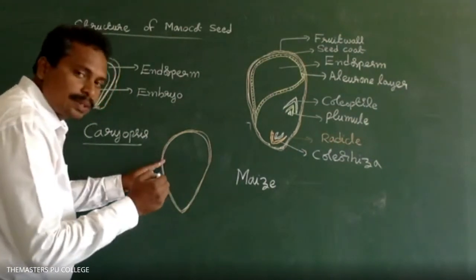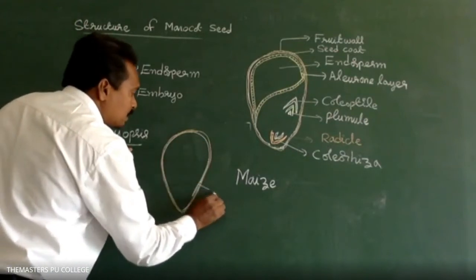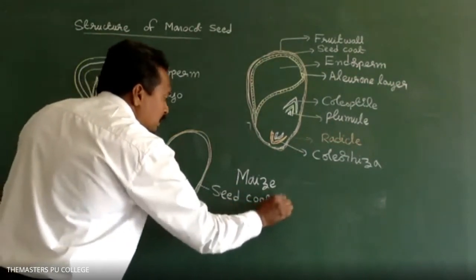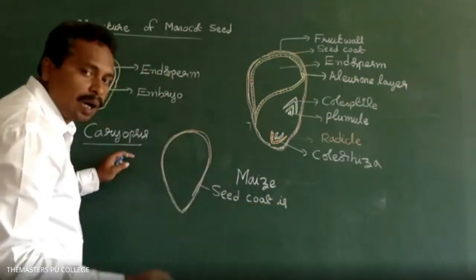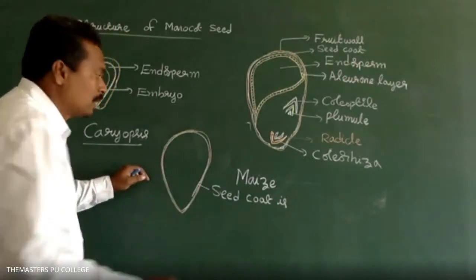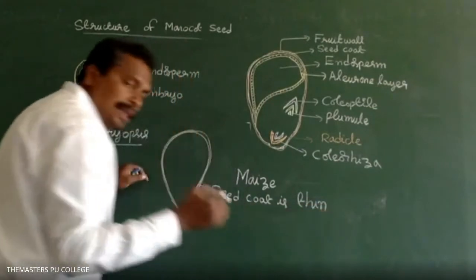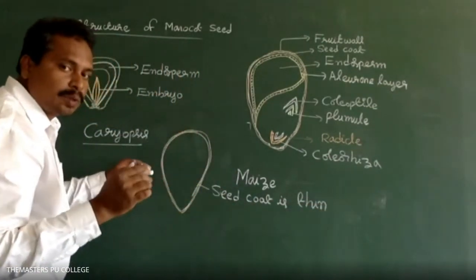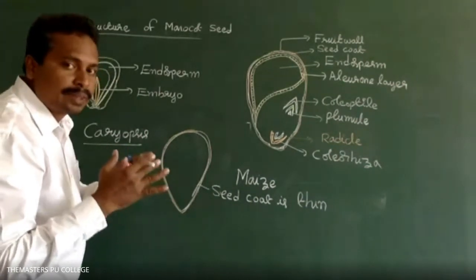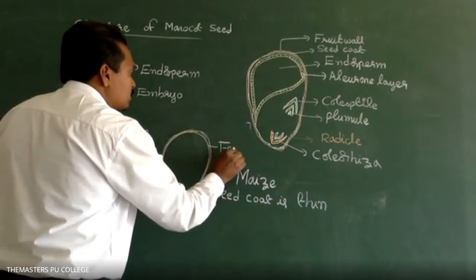In these fruits, the seed coat is thin. What is the seed coat? The outermost layer of the seed is known as the seed coat. The thin seed coat is tightly, closely fused with the fruit wall.